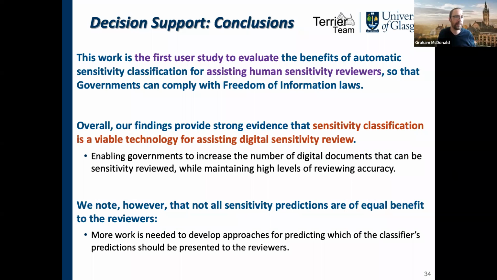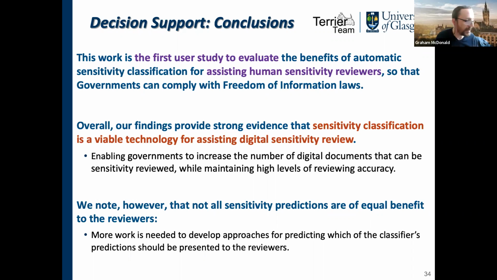Okay, so basic conclusions. It's the first user study to evaluate the benefits of automatic sensitivity classification for assisting human sensitivity reviewers. We provide strong evidence that sensitivity classification is a viable technology for assisting digital sensitivity review, but not all predictions are of equal benefit.